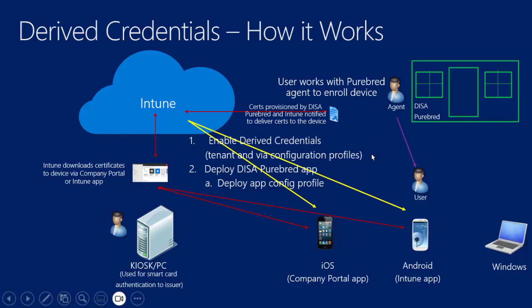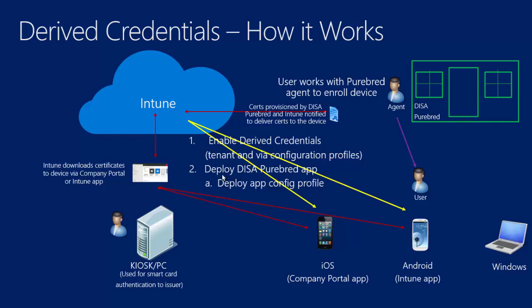Inferred in that, but just to say it, you don't have to turn this on for every single device. You can enable it on just those devices where you want to. When you turn on derived credentials, you will enable it for the entire tenant. But then when you use your configuration profile to enable it on the device, that process will determine which devices actually participate in derived credentials.